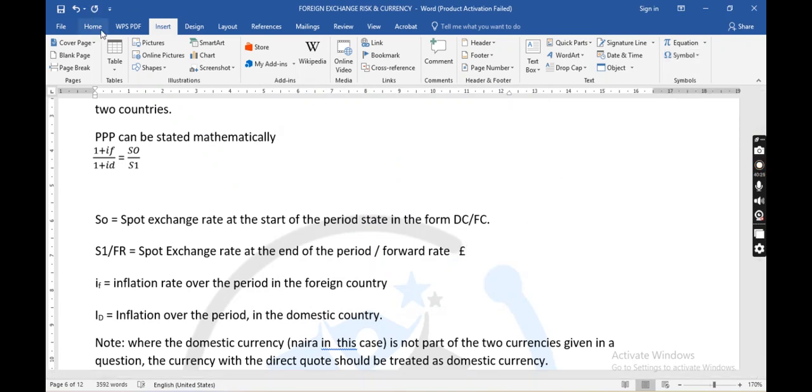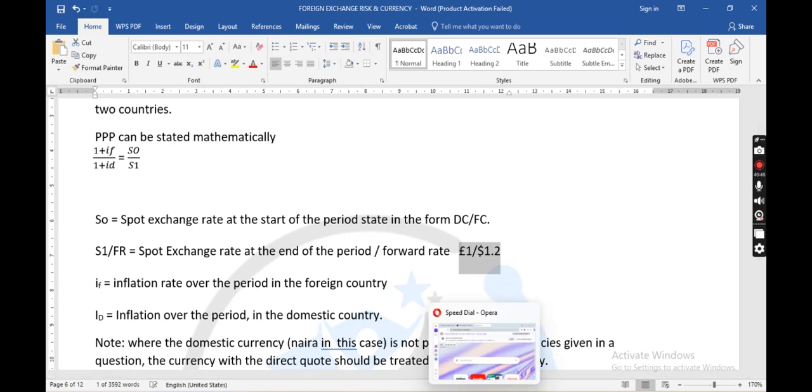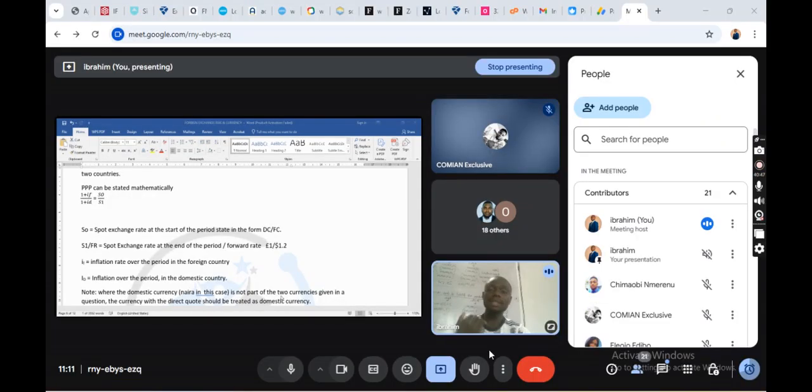Let's say we have €1 to $1.2. Now, in this case, this is the spot rate. Nigerian currency is not here, right? Class, Nigerian currency is not there.